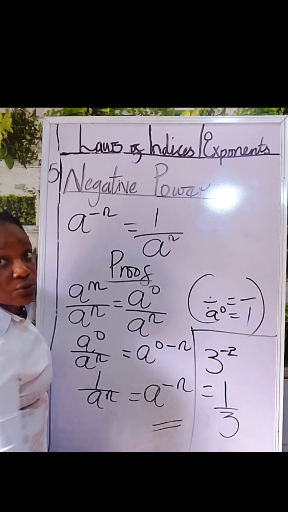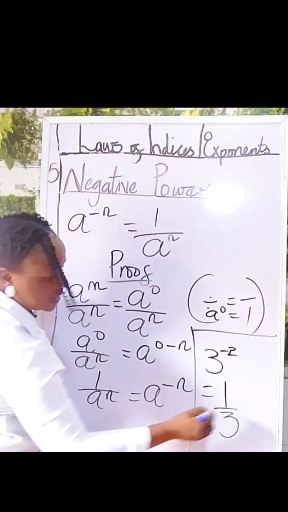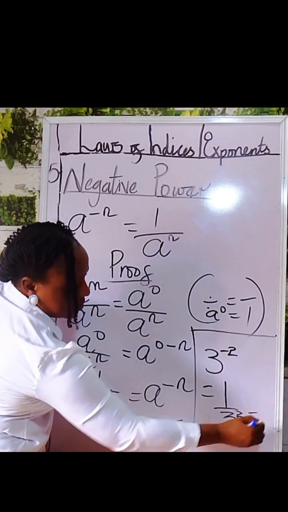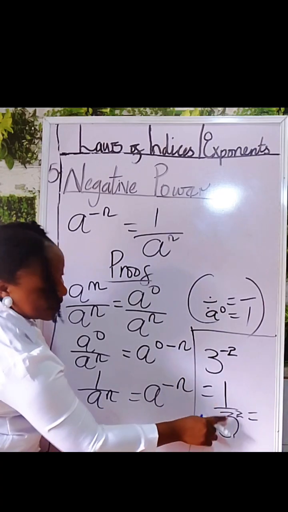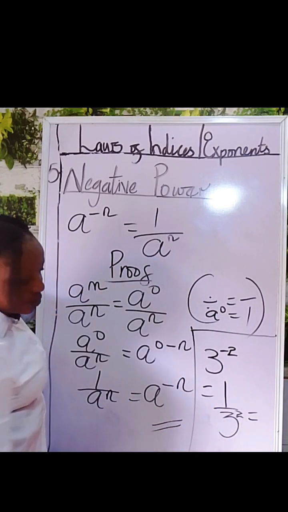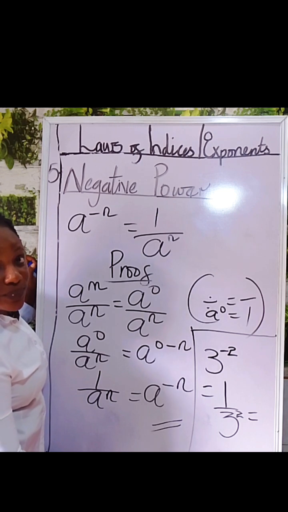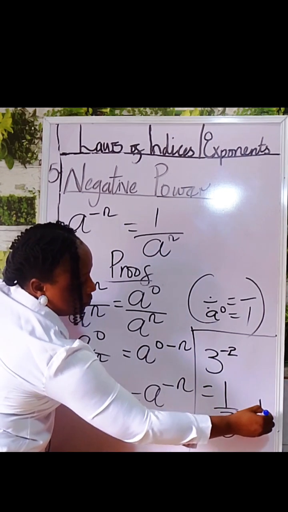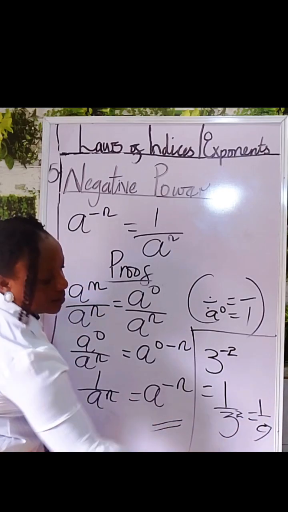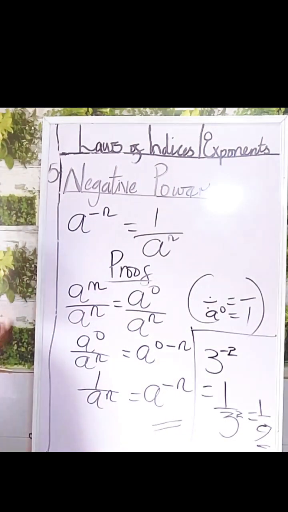Then we say that the minus 2, the power will turn to positive. Just follow the rule. Understand? So we cannot leave it like this because we can simplify this a bit. So we'll now have 1 over 9. And that is our answer.